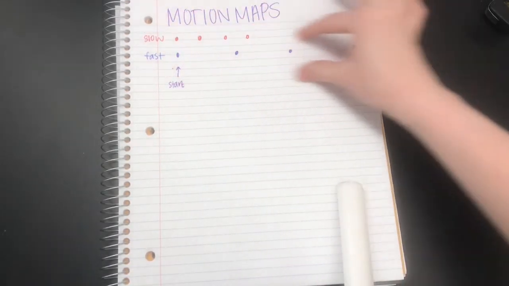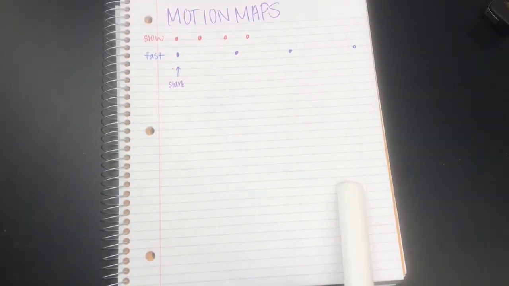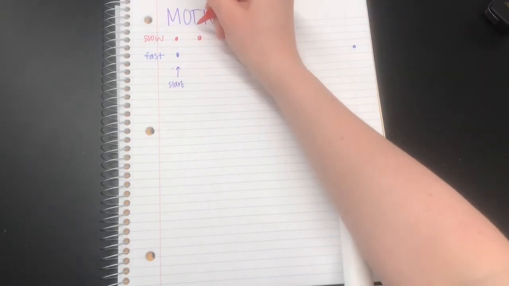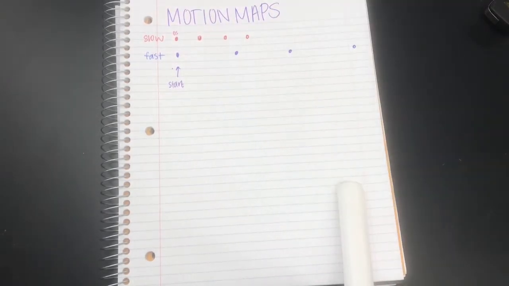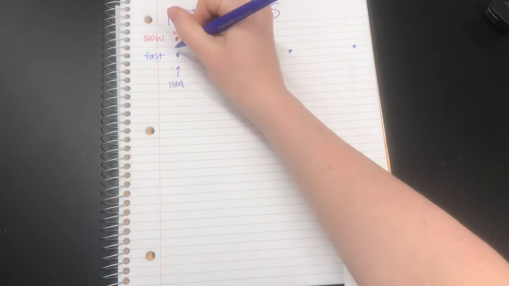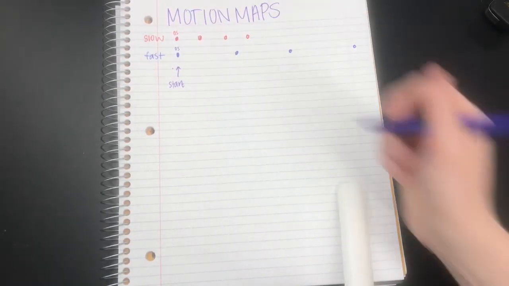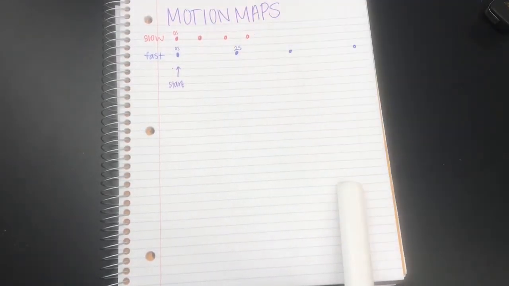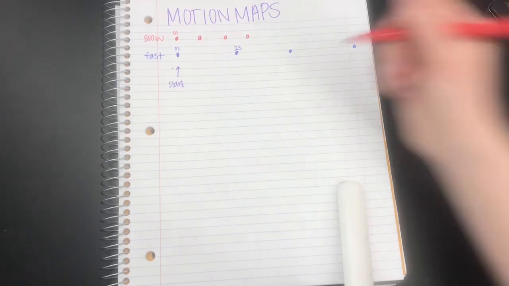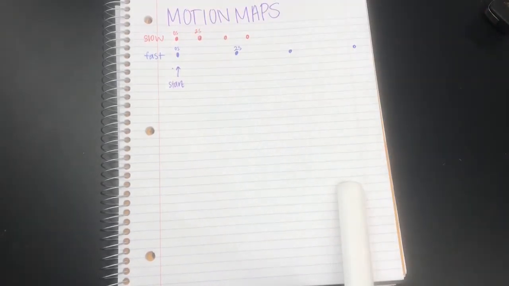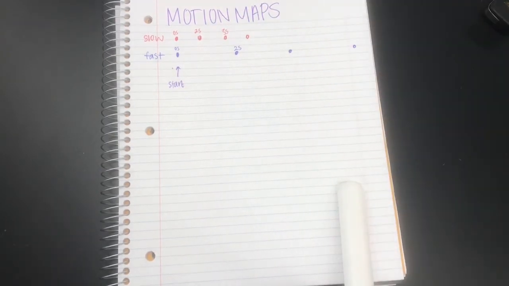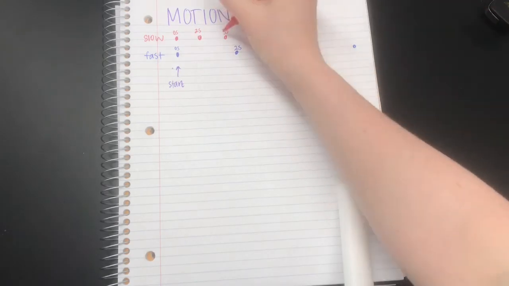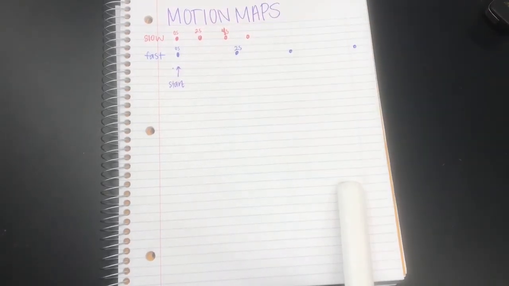So this is like our classroom. And then each one of these, so this is 0 seconds. And so is this. This was 2 seconds. This was 2 seconds. This was 4 seconds, because we're going every 2 seconds.